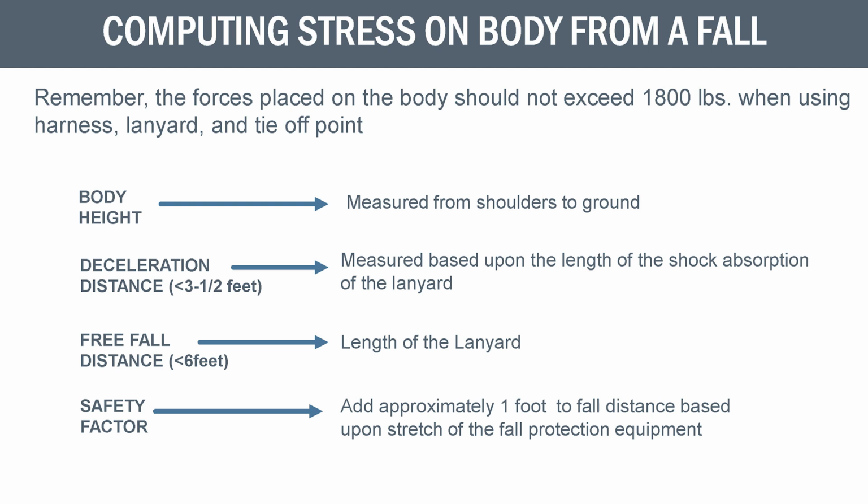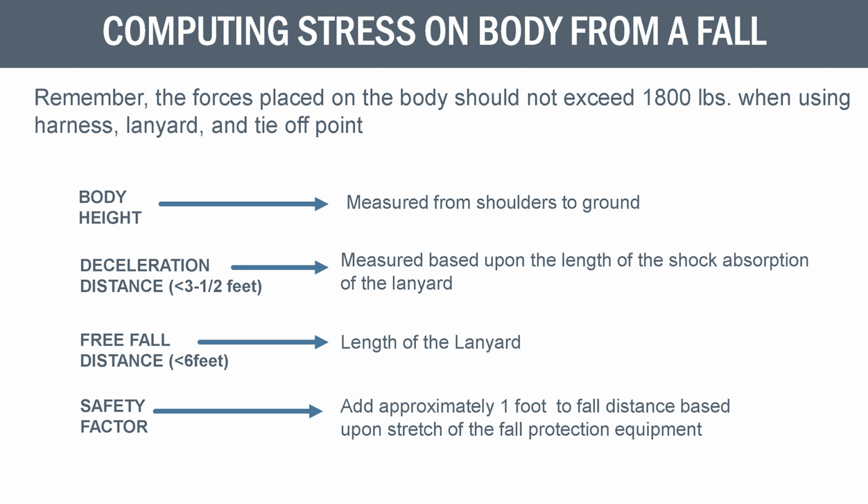For the deceleration distance, we look at the lanyard, usually 6 feet in length. It can be shorter, but then you have what some people call screamers, which are woven into the lanyard and start absorbing the stress placed upon the body.